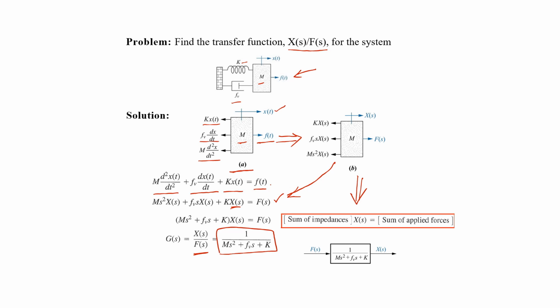We can see that it is done here: all the impedances are added together and multiplied with X(s), and this is kept equal to F(s), which was the applied force. So in this way we can convert any mechanical system into the transfer function directly.